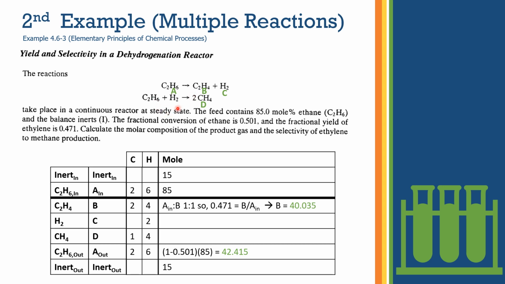But we have a side reaction and the ethane is not fully converted, so it is 1:1, and the yield is equal to B divided by the A input, and if we multiply them we will get 40. So instead of getting 85, because we have another reaction and the ethane didn't completely convert, we get just 0.471 out of the 85, which is 40.035.